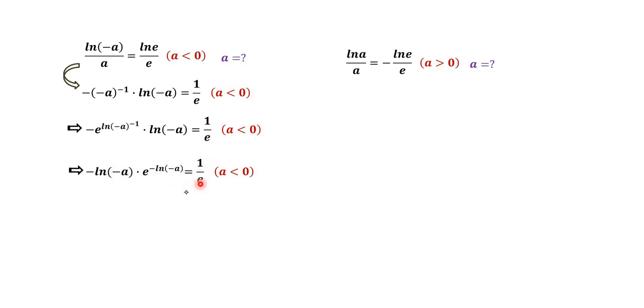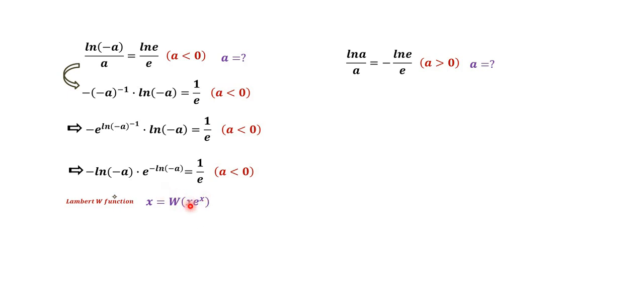So we can use the Lambert W function to get the value of a here. I'm not going into details about this function, but you can simply take it as the inverse function of x times e to the power of x. So it can be described as x equal to W of x times e to the power of x.